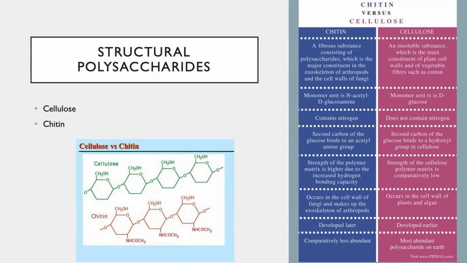And so cellulose is a linear structure, it's not branched, and individual cellulose polymers can form bundles, and those bundles are going to have hydrogen bonding within and also between the adjacent strands. So that's how plants get strength to the cell wall.